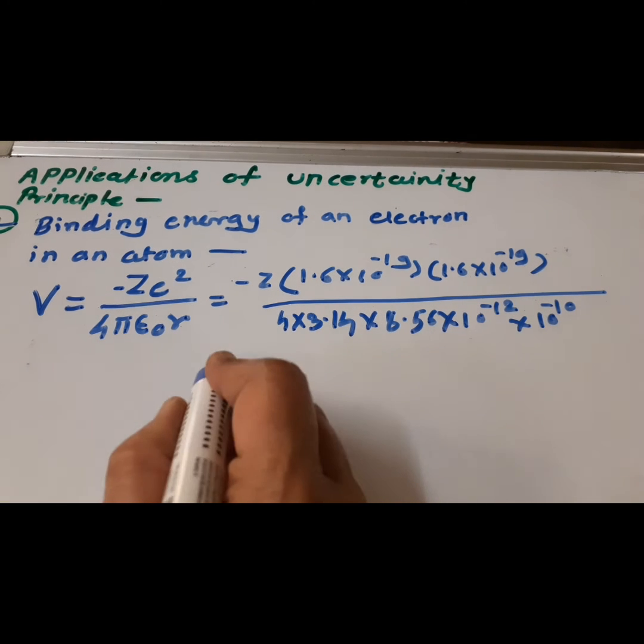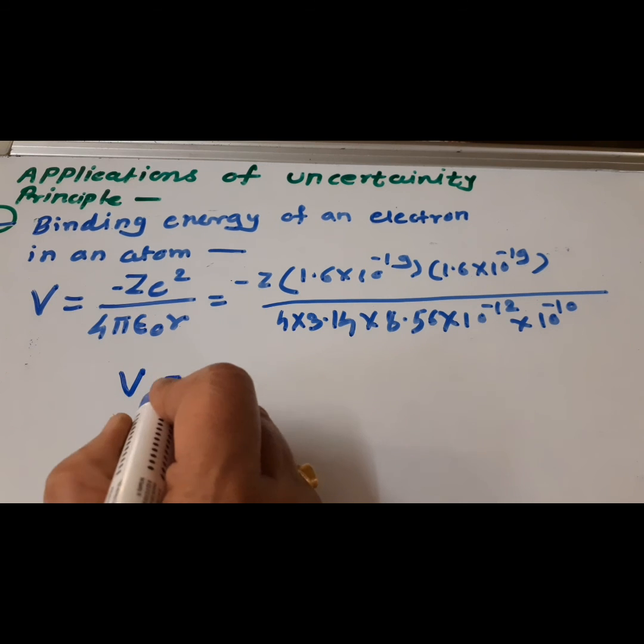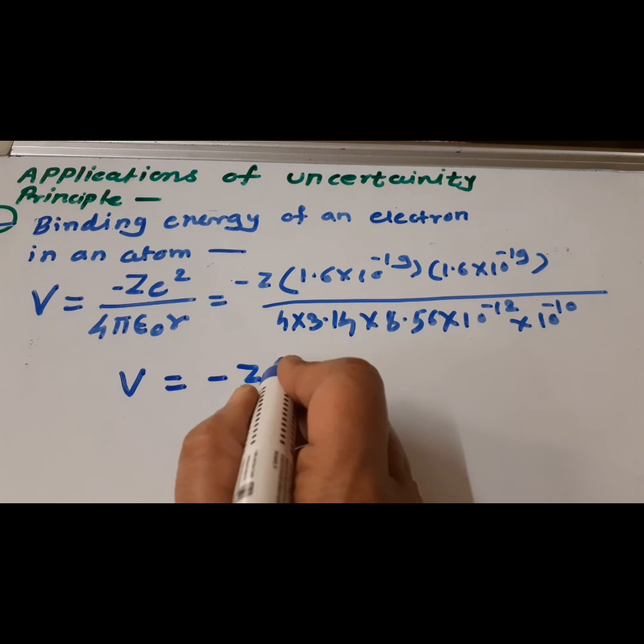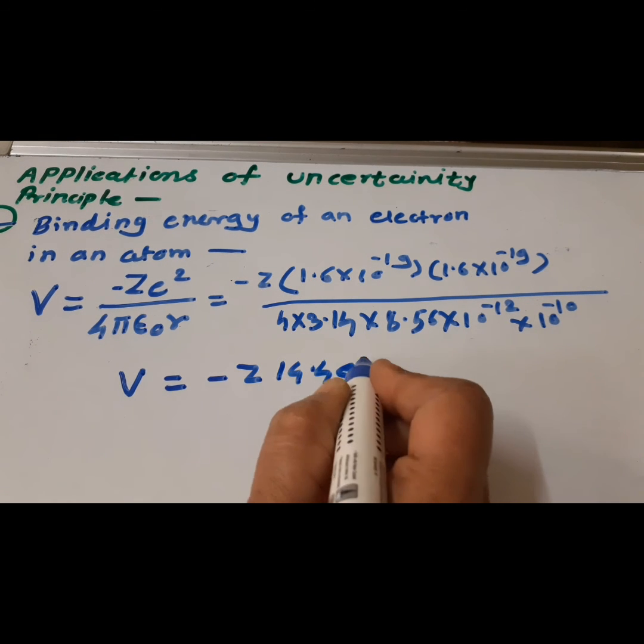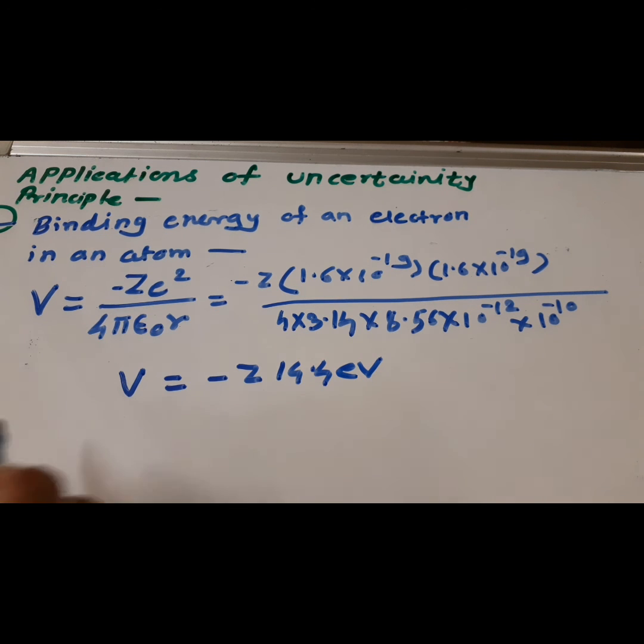After calculation, we get the value of V equal to minus Z into 14.4 electron volt. Isn't it?